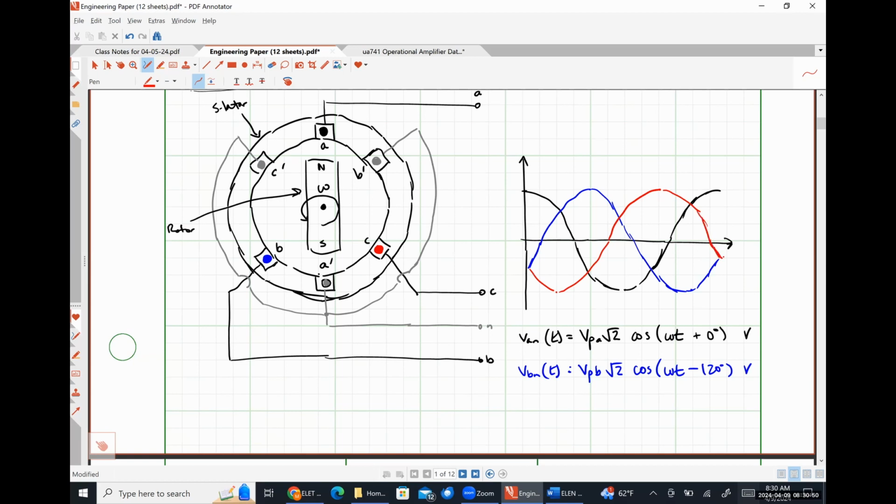Something like this. So we have 3 sinusoidally oscillating voltages. And they are all 120 degrees out of phase with each other. We call this a positive phase sequence. Okay.